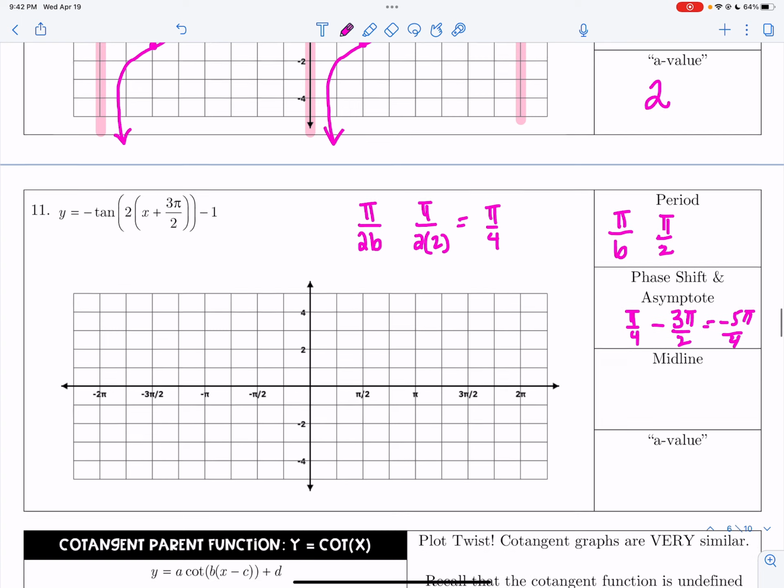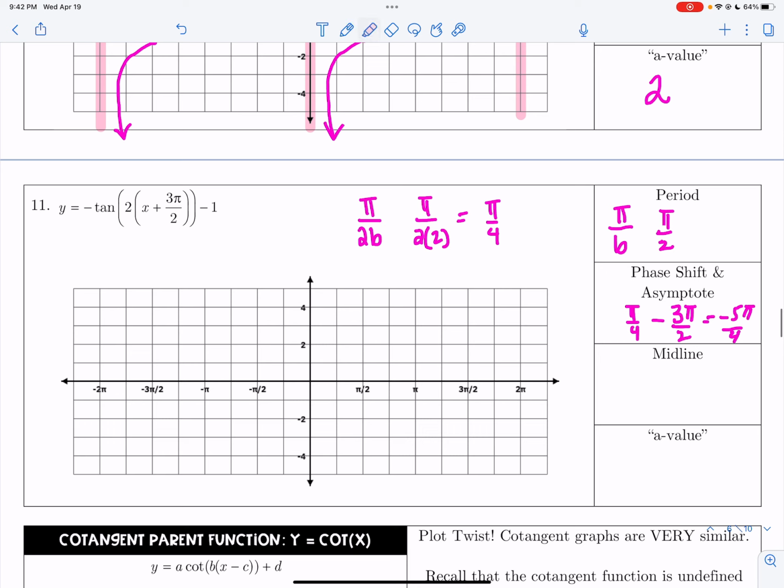This one's completely different. I'm not starting at 0 now, I'm starting at -5 pi over 4. And then since I have a period of 2, I'm just going to jump 2 each time. So you'll see how this one, my asymptote is not at 0, which is A-okay.